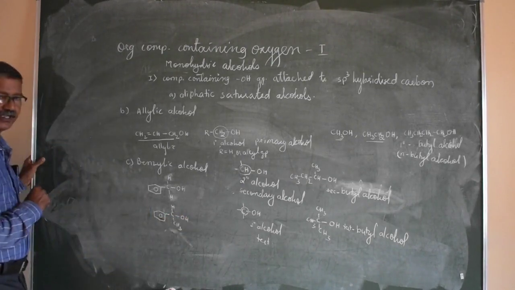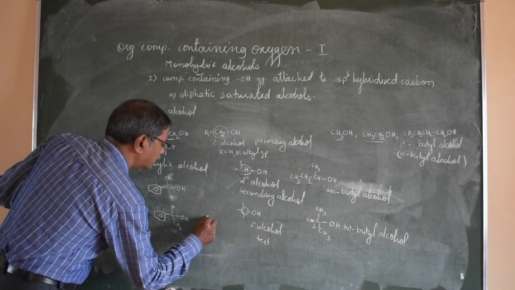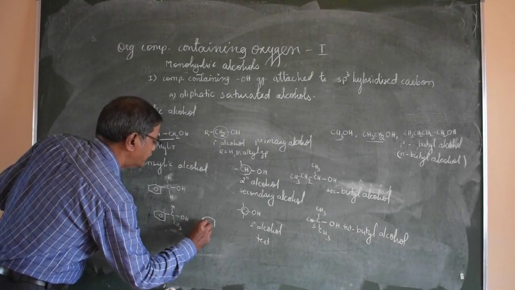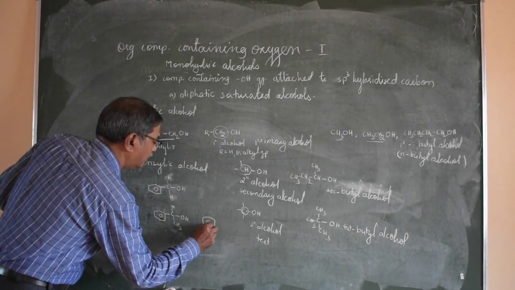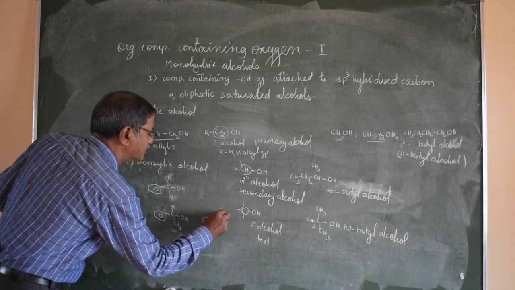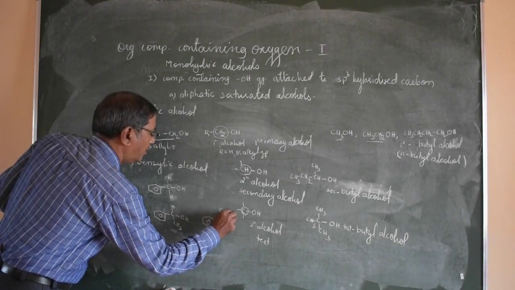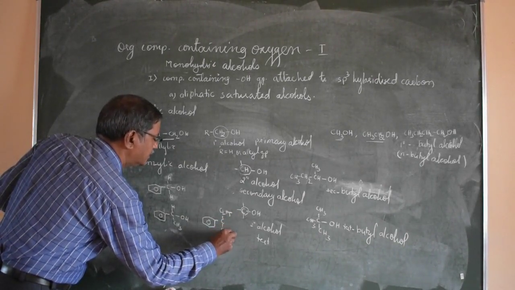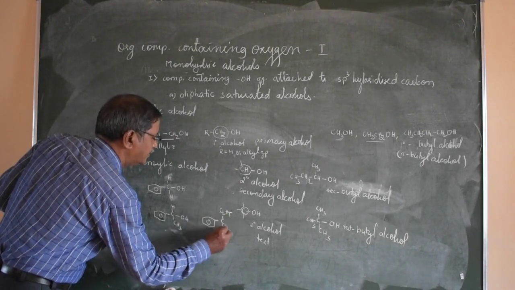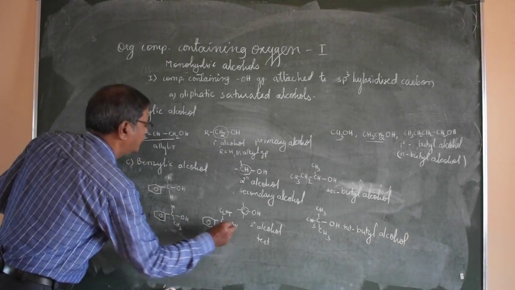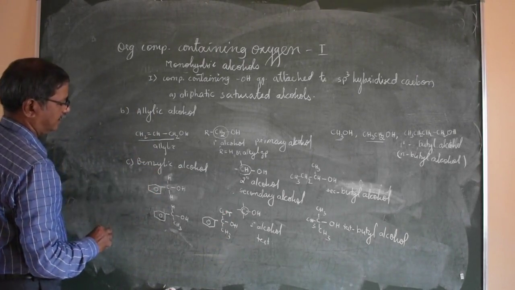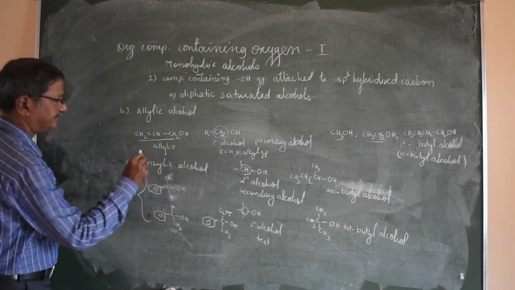It's also benzylic. Or here both the hydrogens may be replaced by some other group like C2H5 or CH3, CH3, or C2H5, CH3, OH. So these three are benzylic alcohols.